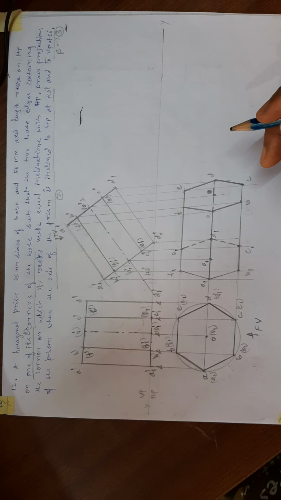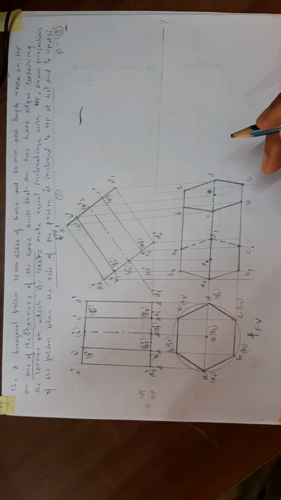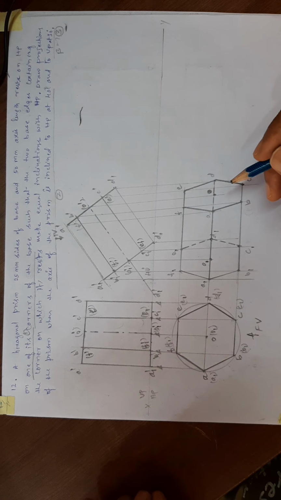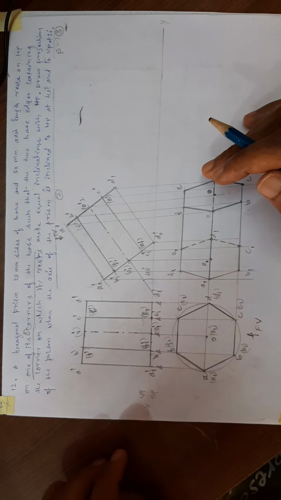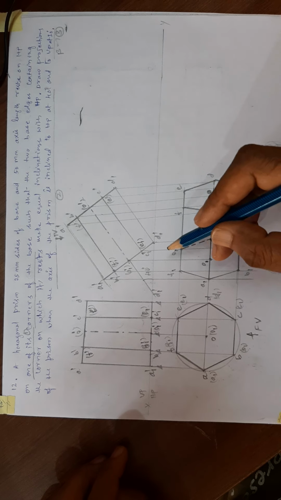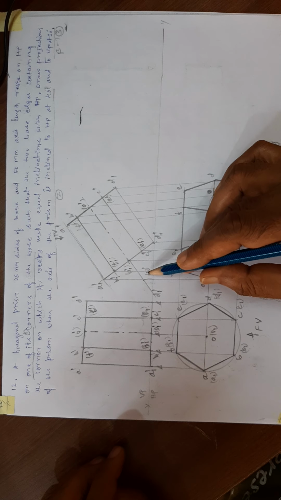So this is the top view of the hexagonal prism when the axis is inclined to HP at 40 degrees.